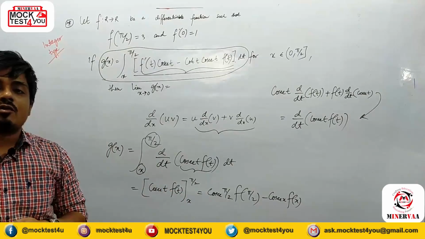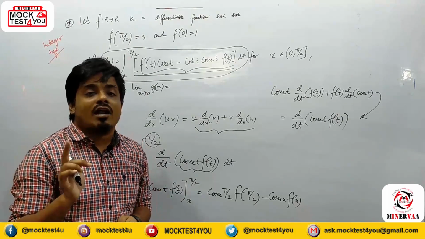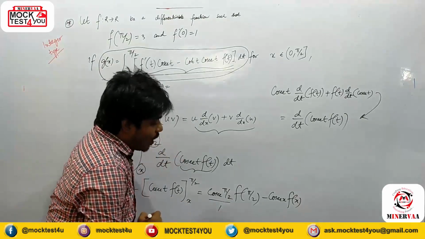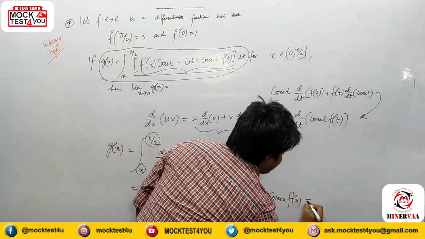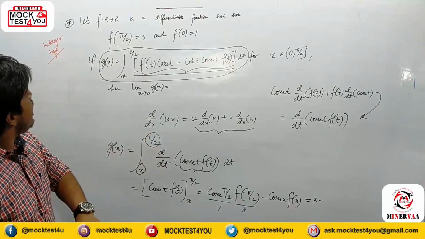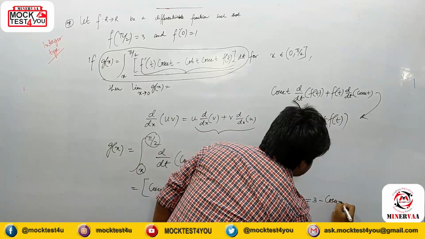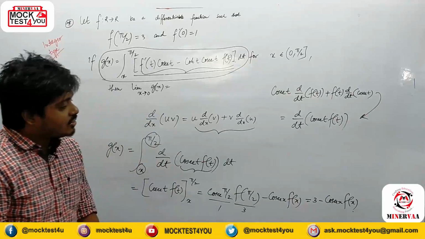And cosec pi by 2 is how much? Cosec is the reciprocal of sine, right? Sine 90 is 1, so cosec 90 is also 1. So this is 1 and this is 3, so 1 into 3 is 3. 3 minus, look here, f(x), and this one I will write as cosec x f(x). Am I clear? Understood?